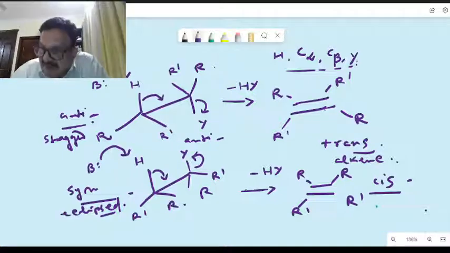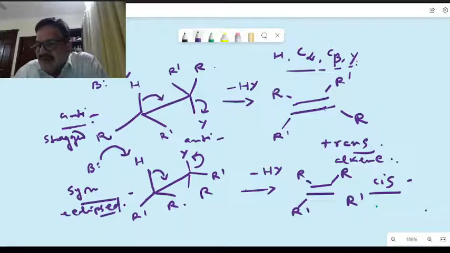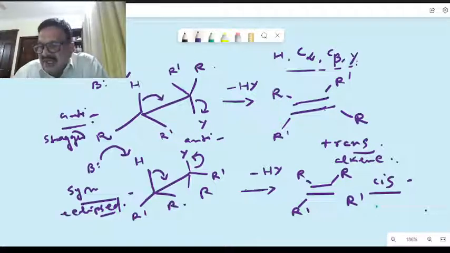P orbitals are developing on the beta carbon and alpha carbon. The proton and the leaving group are all departing. Then these p orbitals will be parallel to each other. And when these p orbitals are parallel to each other, there will be maximum overlap. Maximum overlap means the stronger will be the pi bond being formed there.